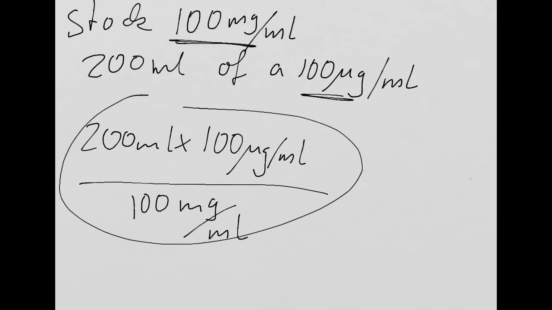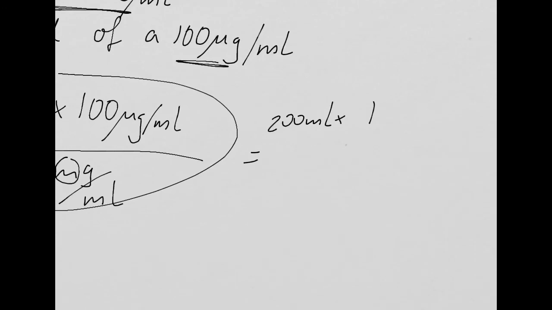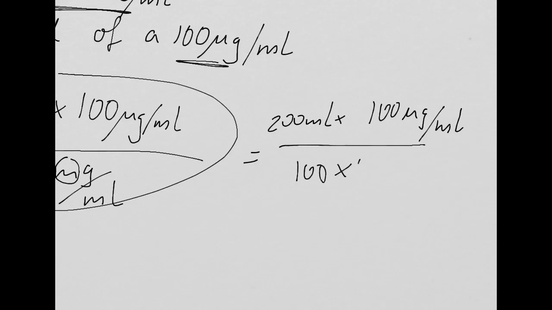So we can, for example, say, okay, a milligram is the same as 10 to the 3 micrograms. So we say 200 milliliter times 100 microgram per milliliter divided by 100 times 10 to the power of 3 micrograms per milliliter.